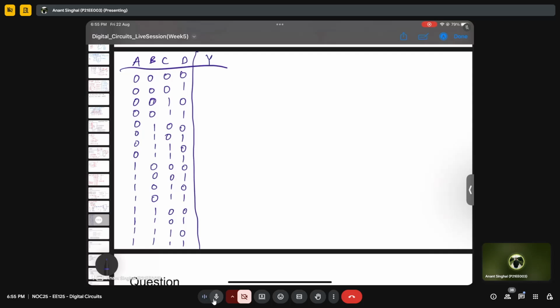So what will be the output of the odd parity generator? Can anyone tell, when there is an even number of ones, what is the output of the odd parity generator? I told that in the last class. So odd parity works in the opposite way, right? If the input has an even number of ones, then the output is 1, and if we have an odd number of ones, then it is 0.